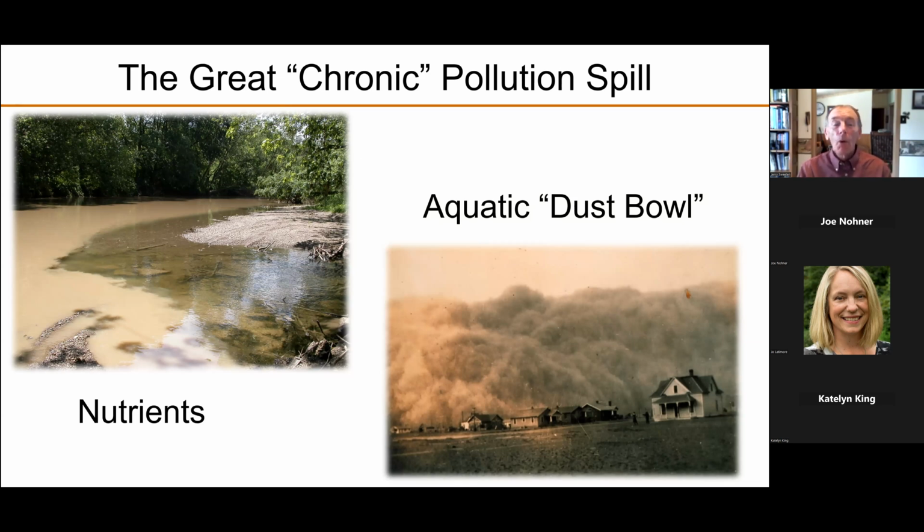But no matter what, when sediment and nutrients leave the farm fields, it becomes a negative externality that is borne by everybody, including the river, including the lake where it's deposited. And of those three things I mentioned, the sediment is by far and away the largest non-point source pollutant that we have to deal with.